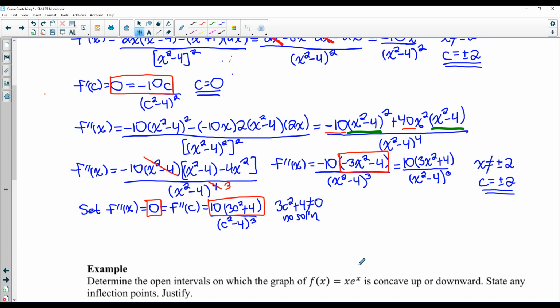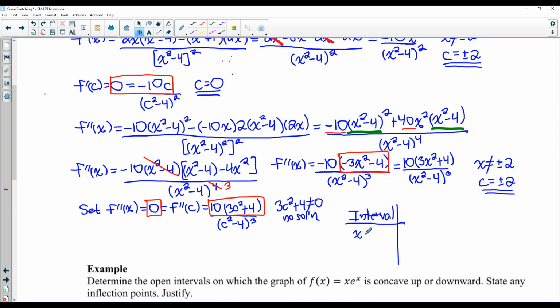Okay, so let's do our intervals of concavity now. Do you know what? I'll do it over at this side here so we have a bit more space. Okay, so I've got interval. My critical numbers for concavity are plus or minus 2.